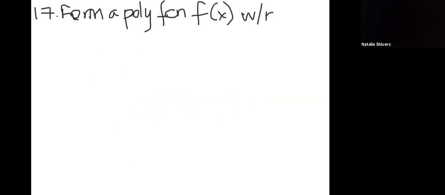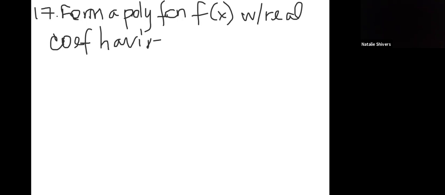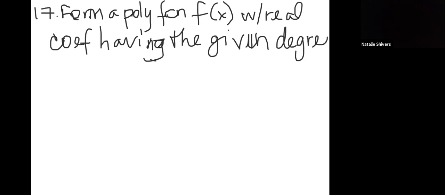Form a polynomial function f of x with real coefficients having the given degree and zeros.